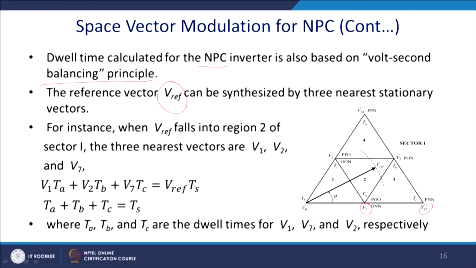Here you can see that it is V1, V2 and V7, and thus you just write it down: V1 into TA, plus V2 into TB, plus V7 into TC should be equal to Vref into TS, and TA plus TB plus TC should be equal to TS, where TA, TB, TC are the dwell times for V1, V2, V7 respectively.